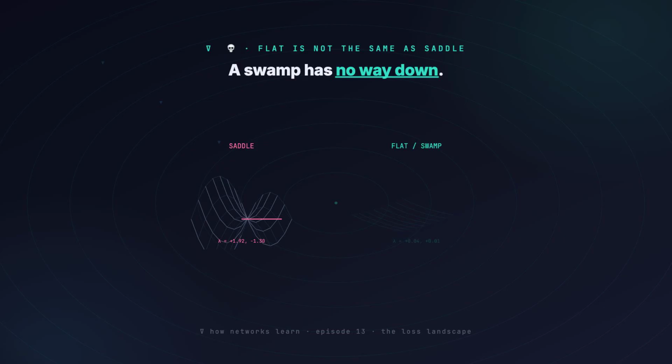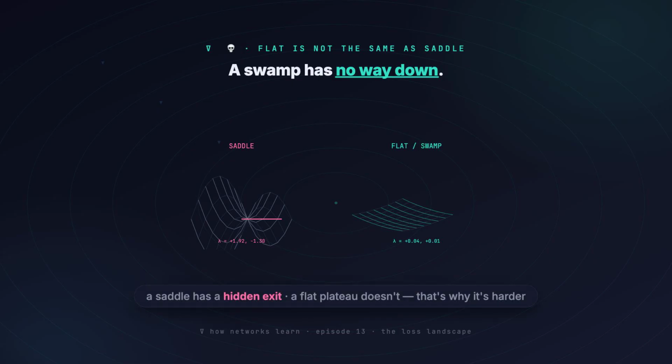Our flat point reads eigenvalues of positive 0.04 and positive 0.01, both barely off zero. That's a degenerate near flat plateau. Not a trap, a swamp. Momentum won't slingshot you out the way it would off a saddle because there's no negative curvature escape direction to build speed along. You need a different fix.